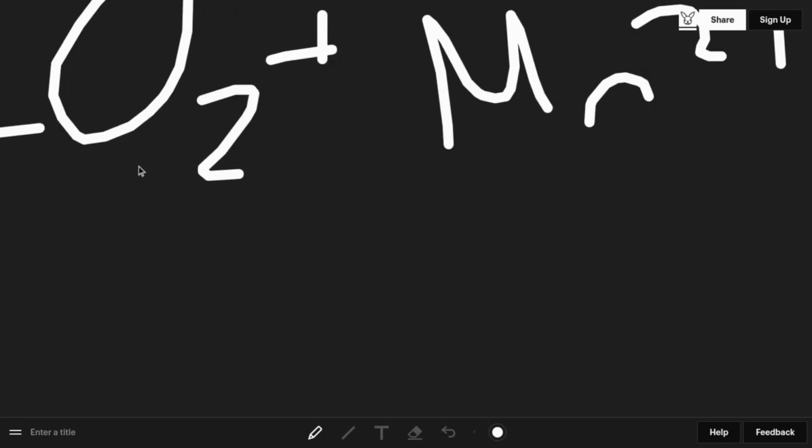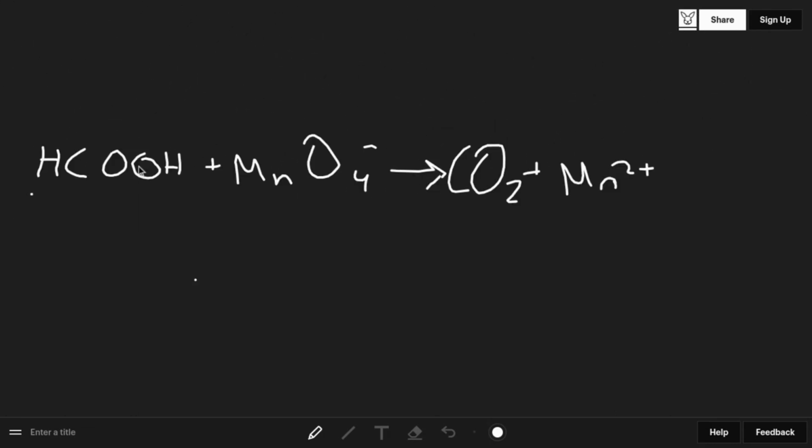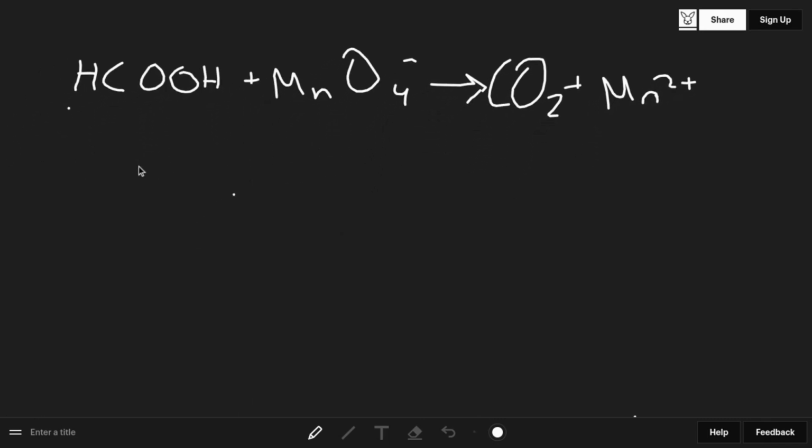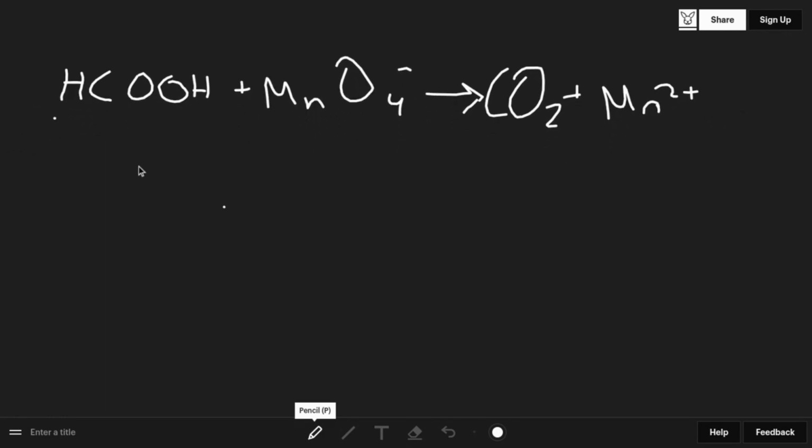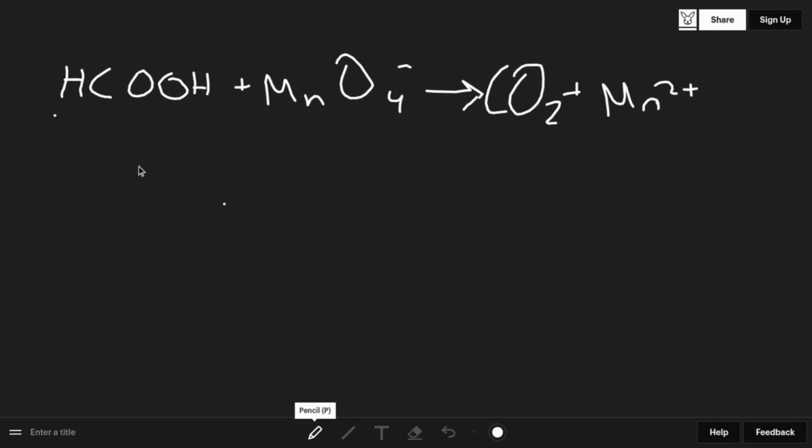So first off, what we're gonna do in this redox reaction is we're gonna split it into two reactions. Actually, we have a reduction and an oxidation. So the way we do that is by looking at, we assign each element here its oxidation number.